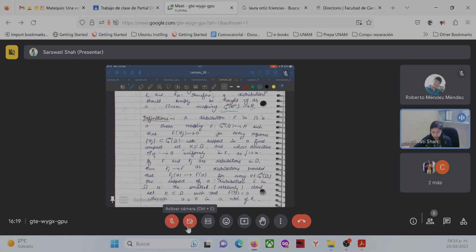If f and fj are distributions in omega, then fj approaches f as distributions provided that fj of v approaches f of v for every test function v. The support of a distribution f in omega is the smallest closed set K such that f of v equals 0 when v equals 0 in a neighborhood of K. So this is the definition which has been derived using the above derivation.